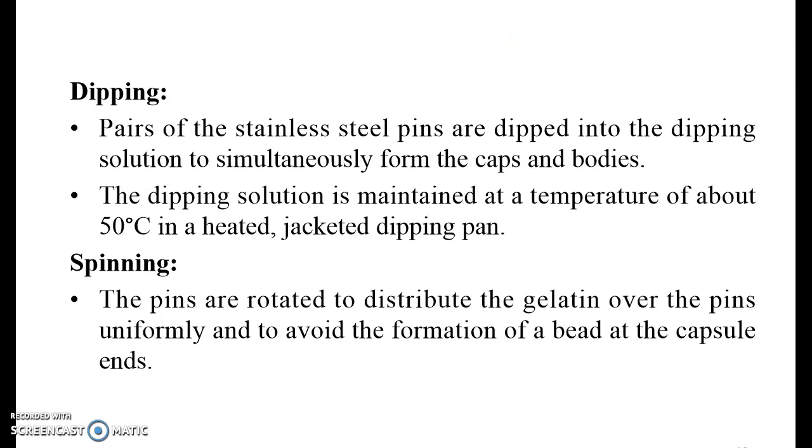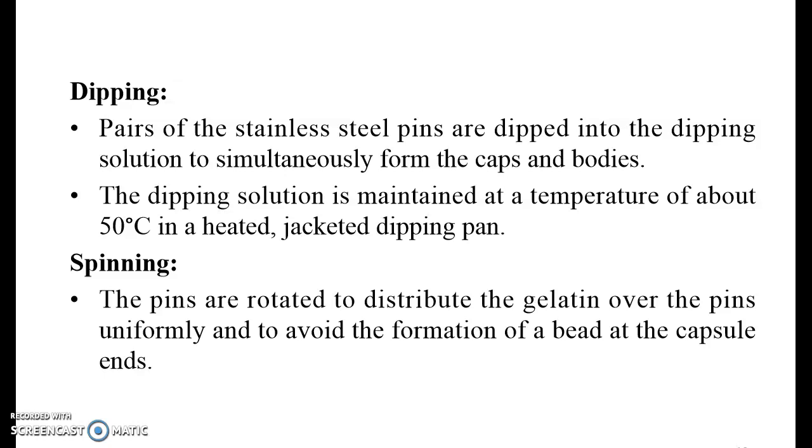Temperature is maintained to maintain the proper viscosity, and this gelatin is kept in a stainless steel tray, and the plate contains pins, also made of stainless steel, around 500 pins. So these 500 pins are lowered into the tray which contains gelatin.